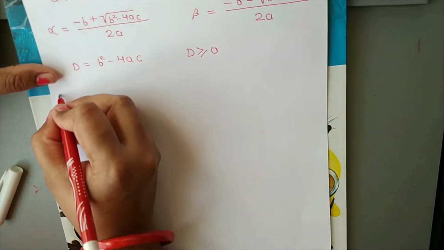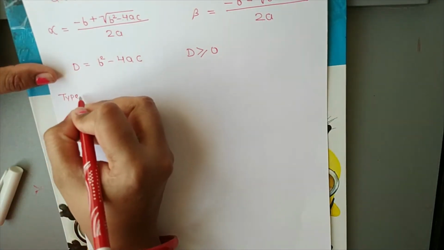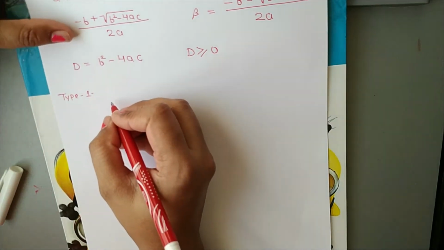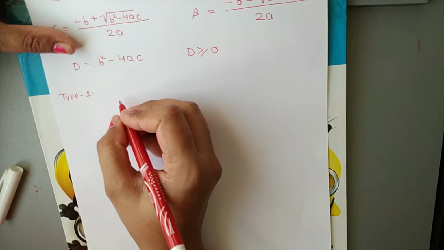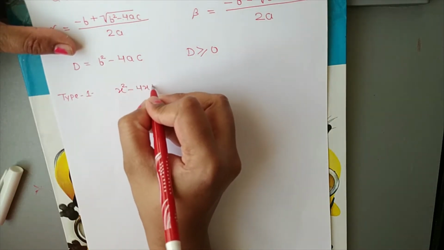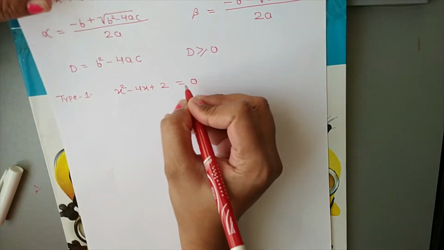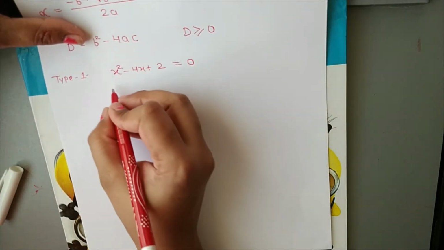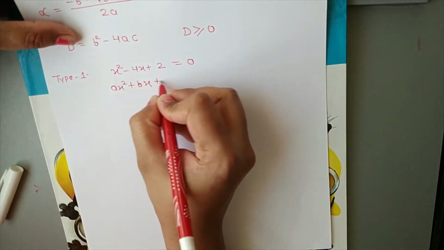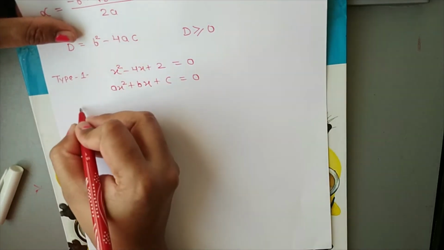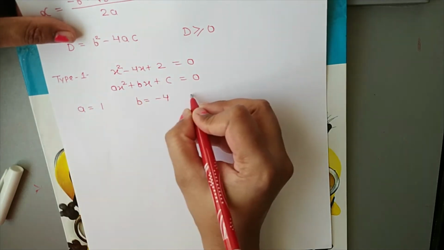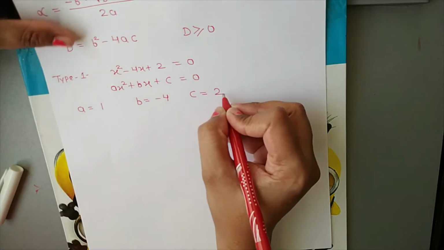First type of question based on Sridharacharya's rule: write the discriminant of the following quadratic equation. x square minus 4x plus 2 is equal to 0. We compare with ax square plus bx plus c is equal to 0. So a is equal to 1, b is equal to minus 4 and c is equal to 2.